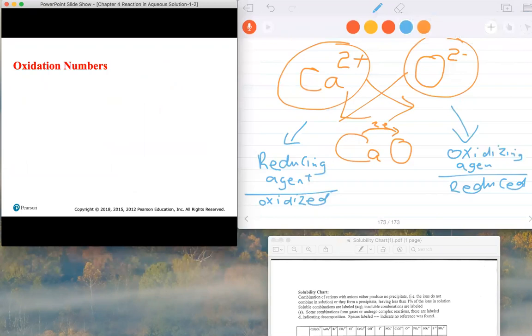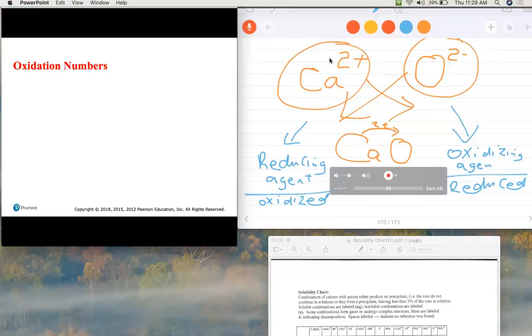Oxidation numbers or oxidation states are just charges, from the previous section. You are able to use the polyatomic ions and the periodic table to predict the ionic charges. So ionic charges in some way are oxidation numbers. We use oxidation numbers to determine whether a species has gained or lost electrons.